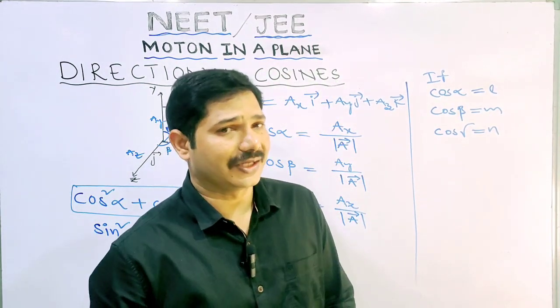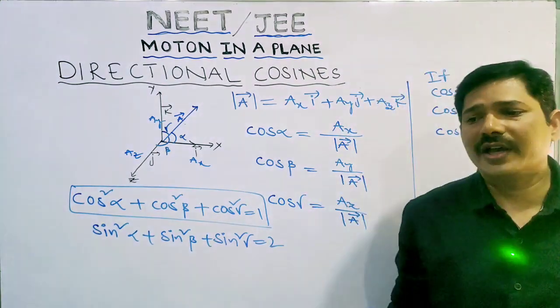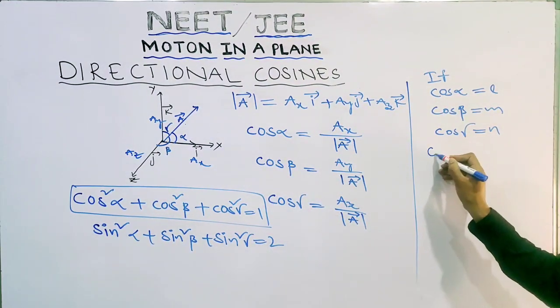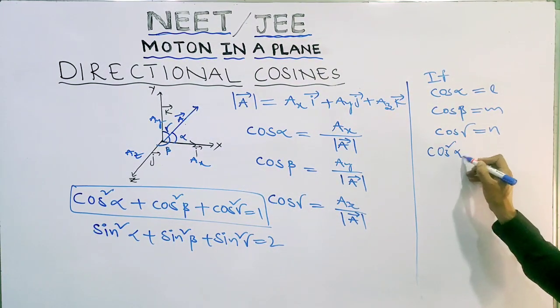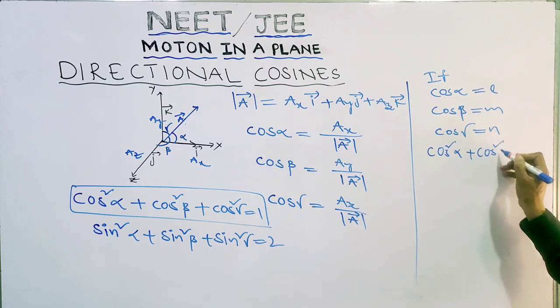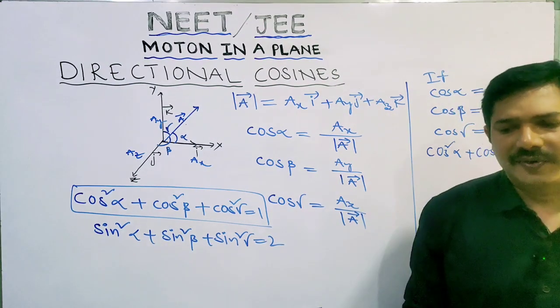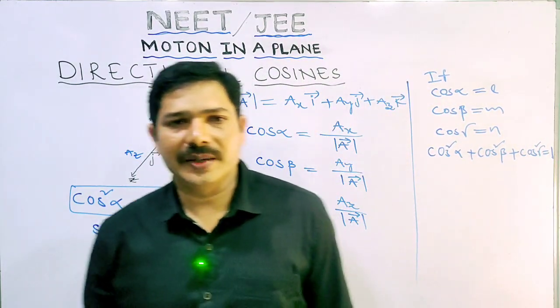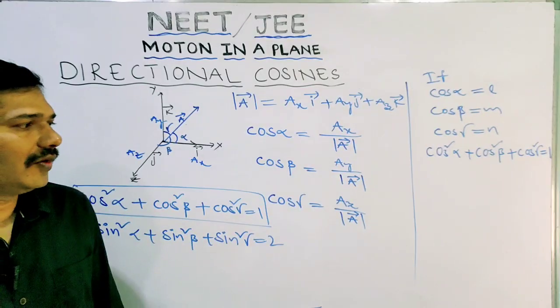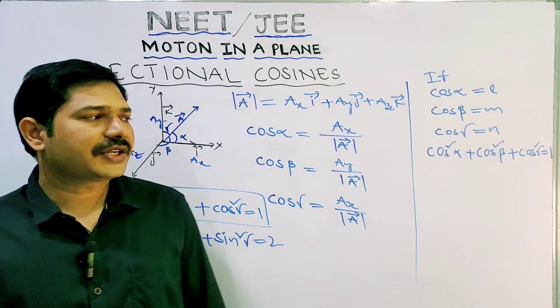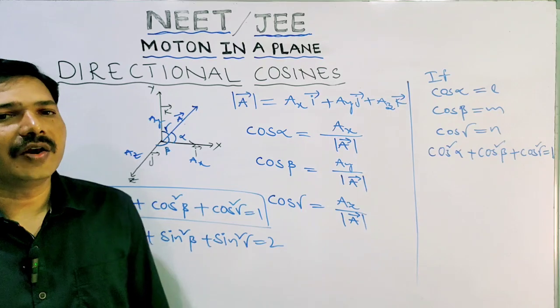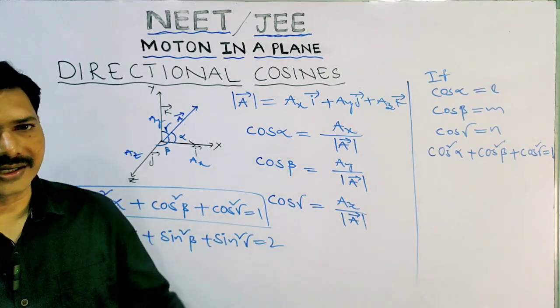Cos square alpha plus cos square beta plus cos square gamma equals 1. So the relation between them is that the sum equals 1. Like this, they'll ask directional cosine formulas.